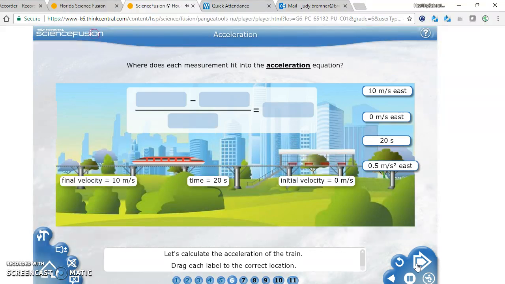Let's calculate the acceleration of the train. Drag each label to the correct location. Initial velocity is 0.